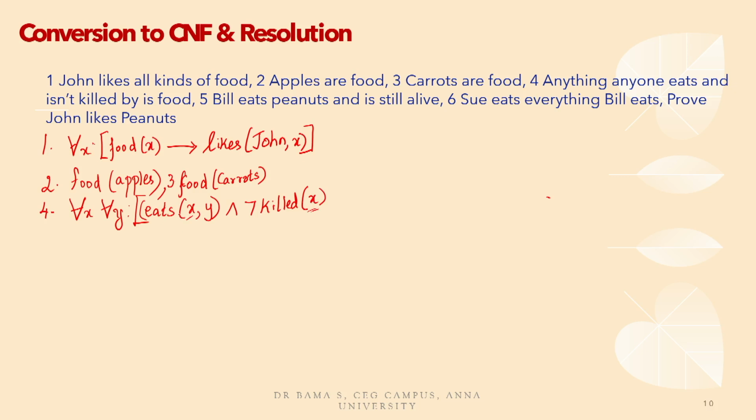So, if you see the way that I have written eats of x y, first x eats y and not killed of x, x is a person, and that would go with the food also. Similarly, food of carrots, the food of x.